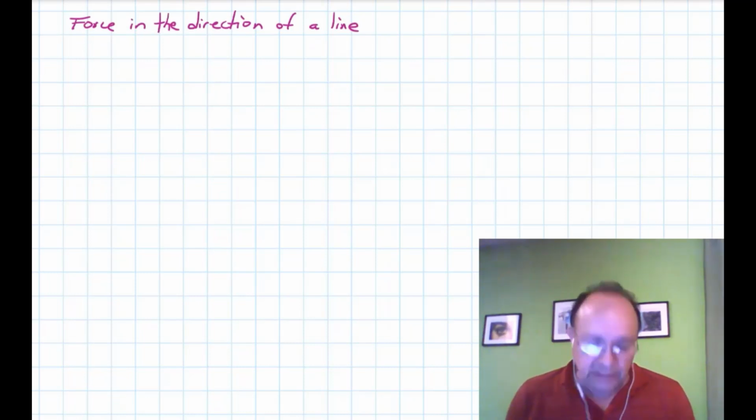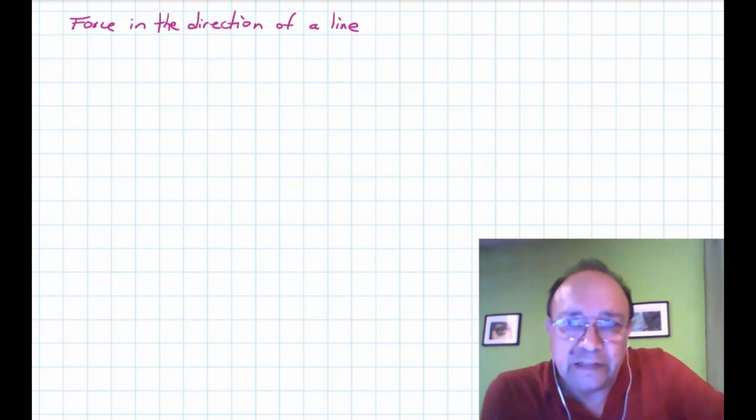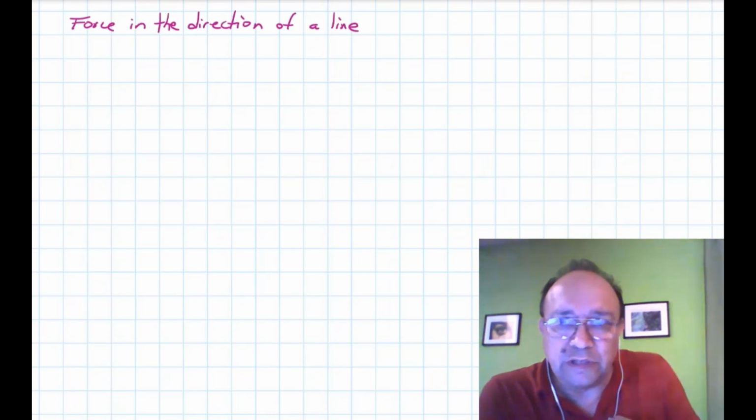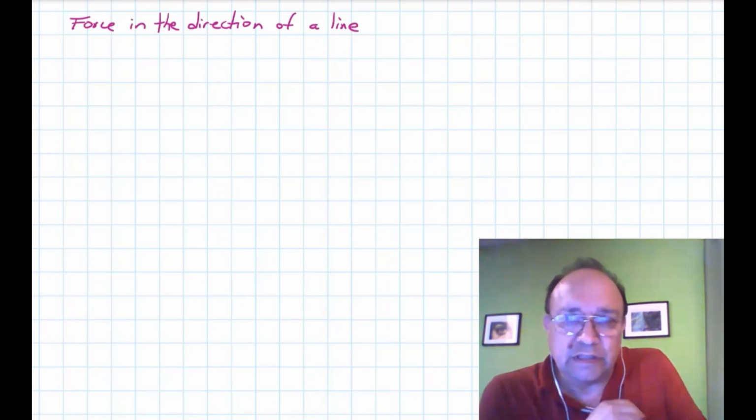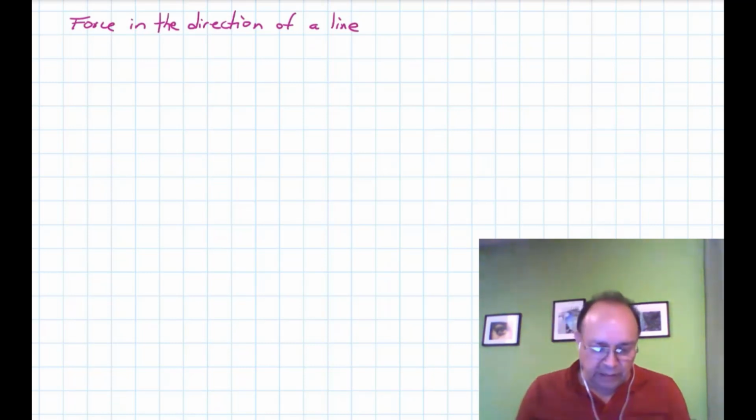In the case that we have a force of a given magnitude and the direction is given by a line that connects two given points, this is where we can use the position vectors. They come very handy for this.